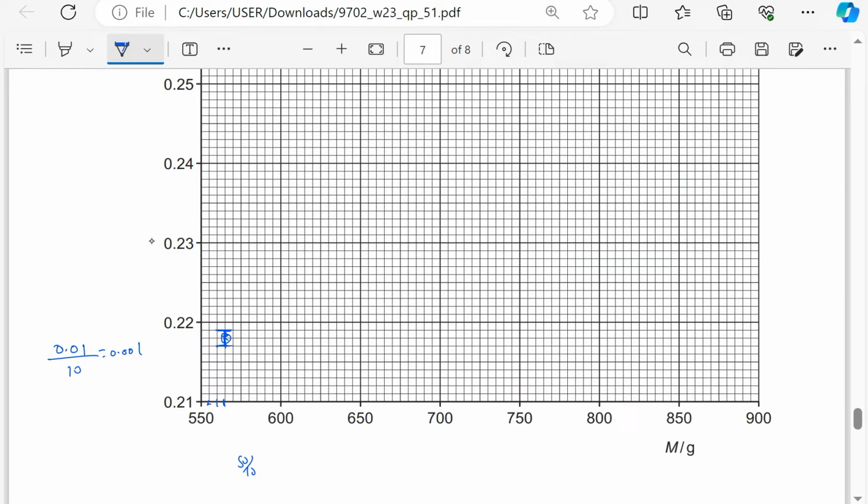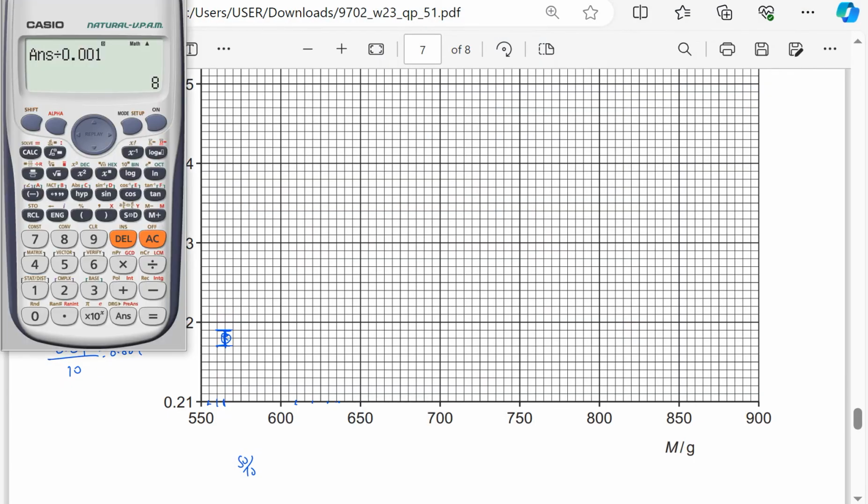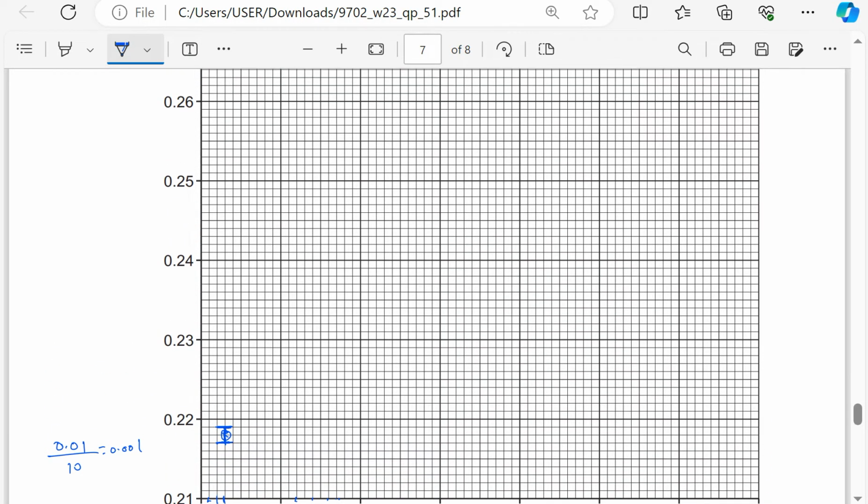637. So this is 610, 20, 30, 35. So 37 is somewhere here against 0.237. So 0.237 minus 0.23 divided by 0.001. Those are 7 boxes. So 1, 2, 3, 4, 5, 6.